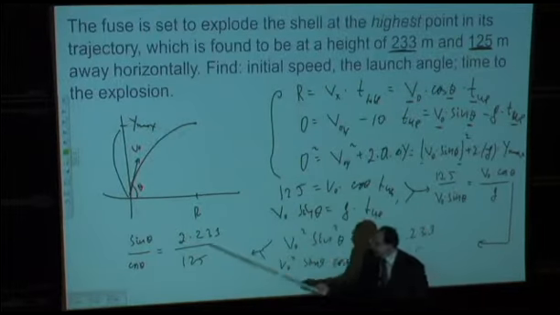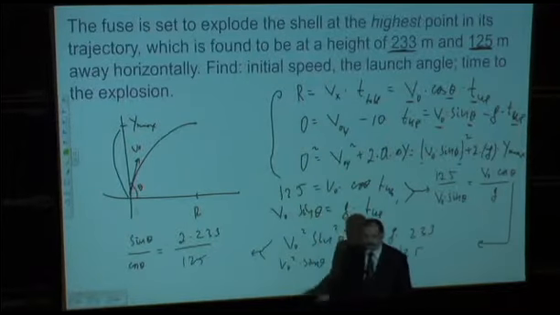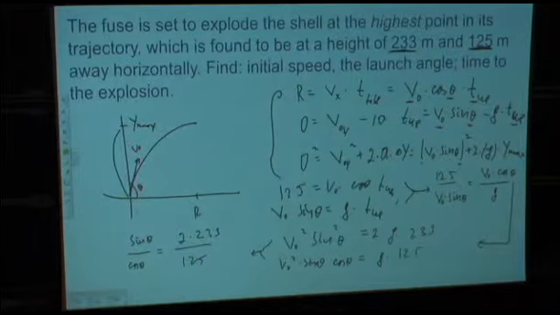Well, first of all, we should simplify this expression. Sine divided by cosine, what does it give us? That's exactly right. So 2 times 233 divided by 125 is 3.7 roughly.